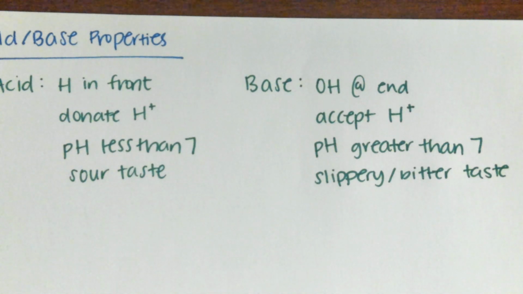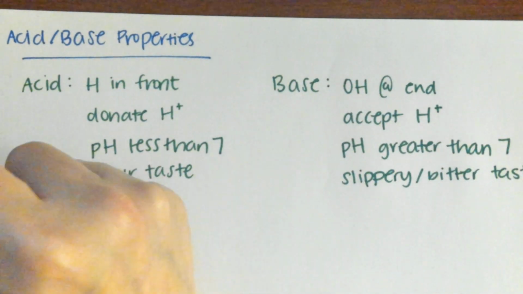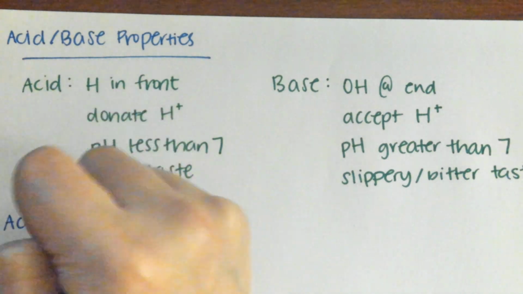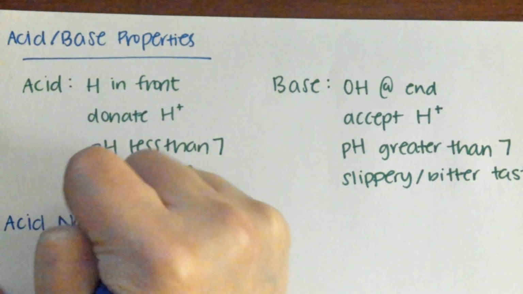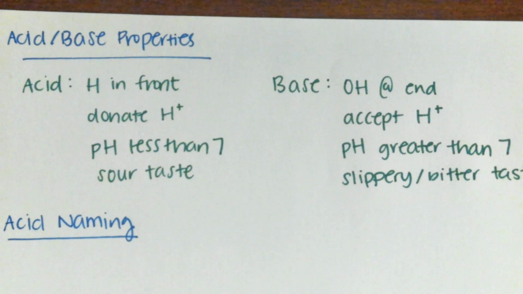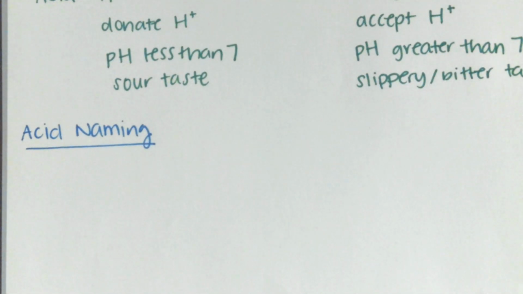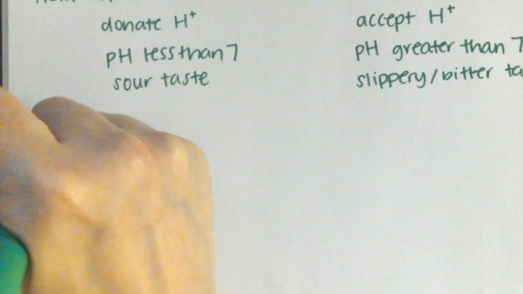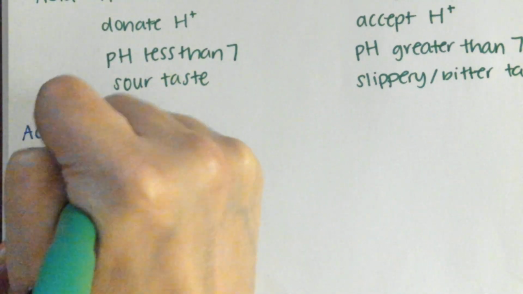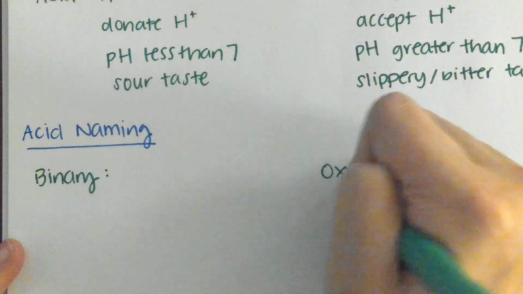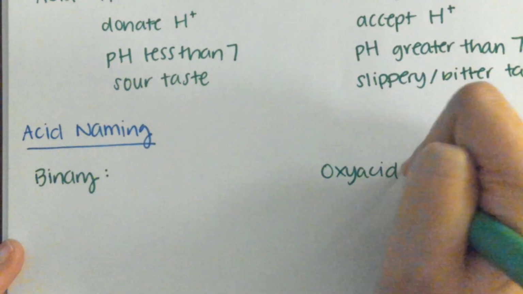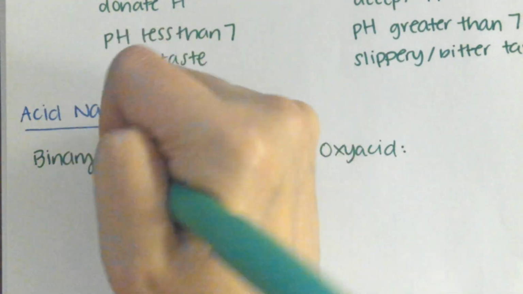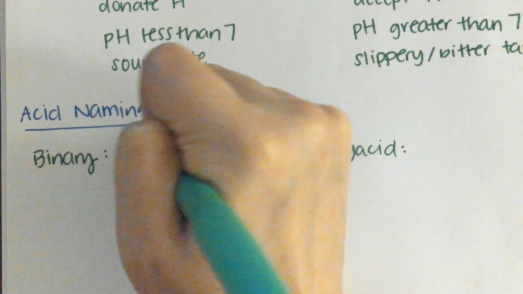The next thing I want to cover is acid naming. So again, acid naming has to do with hydro versus no hydro. Any acid that comes from the periodic table is called a binary acid. Then we have oxyacids, so we'll talk about that in a second. So binary acids come from the periodic table.